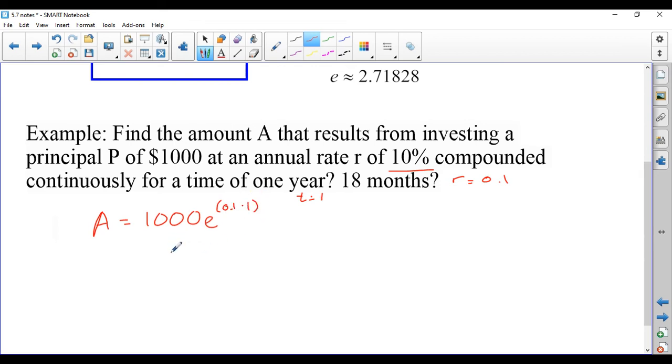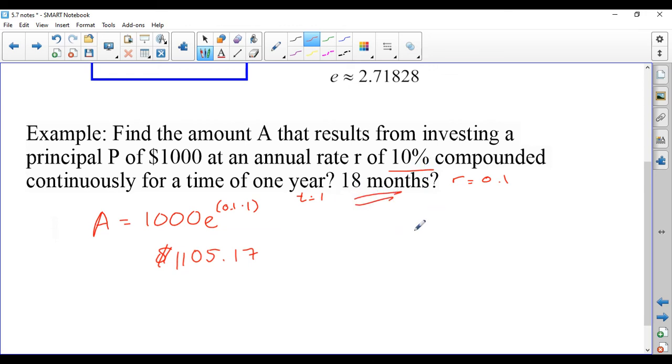And if I put all of that in my calculator, I should get 1105.17. It was 10% compounding interest, but after 1 year, we've actually earned 10.517% on that original $1,000. The more often that something compounds, the higher amount of interest that you will end up earning over that year.